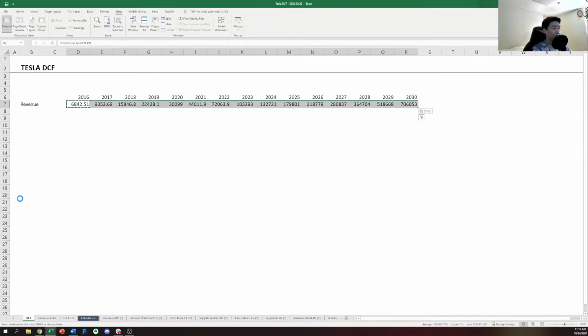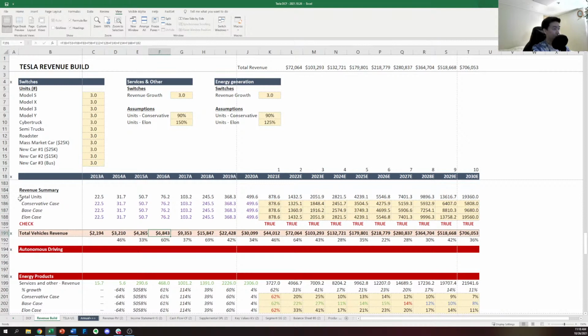Right, and then this is the basis of our model pretty much. And then we have our EBIT margins, and then you calculate for cash flow. Actually this is only vehicle revenue. This doesn't even take into account the other stuff yet. So I would say this is actually a lot for the optimistic case. But anyway, we'll do all the other stuff another time.